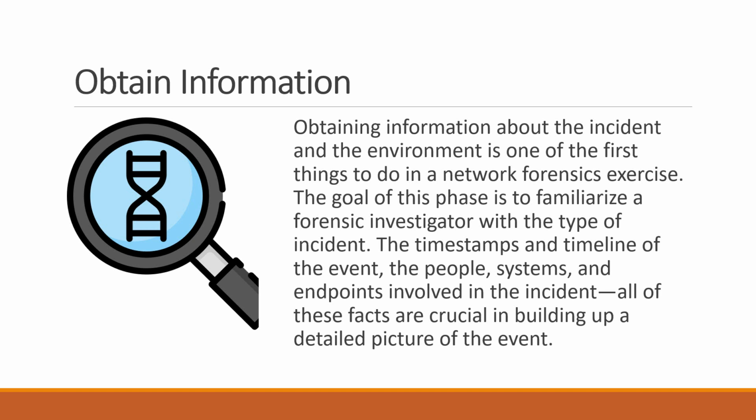The first step would be to get the information from the relevant authority within the organization to begin the network forensic investigation. The team would need to ensure that they have the necessary tools for data capture and analysis, and they should gather any initial data or reports about the incident.